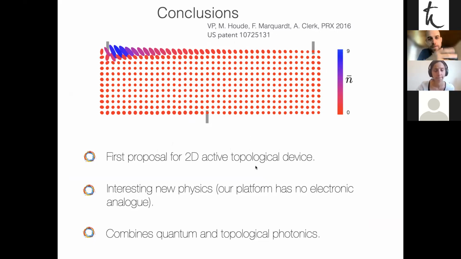So in this sense, it could also be seen as a precursor of all this interesting work that came up later about non-Hermitian topological physics. And it was also one of the first works combining quantum and topological photonics. So with this, I thank you for your attention, and I'm looking forward to questions.